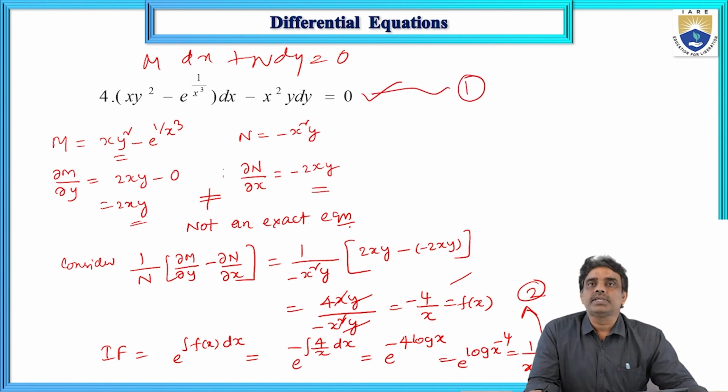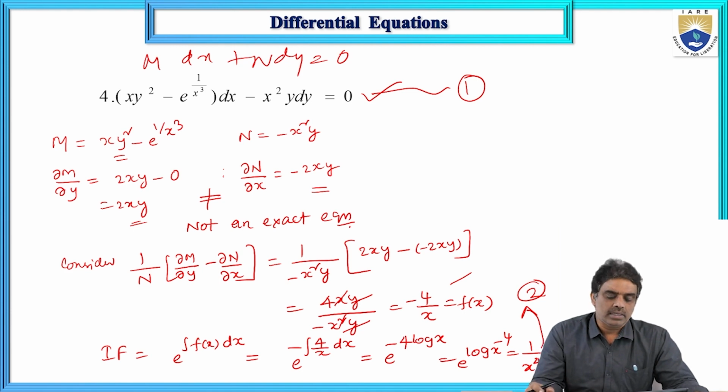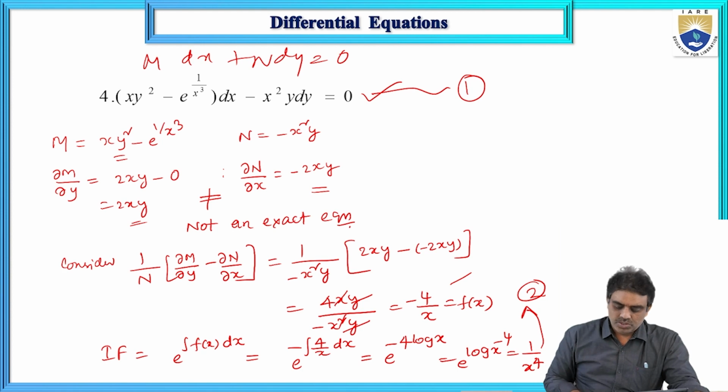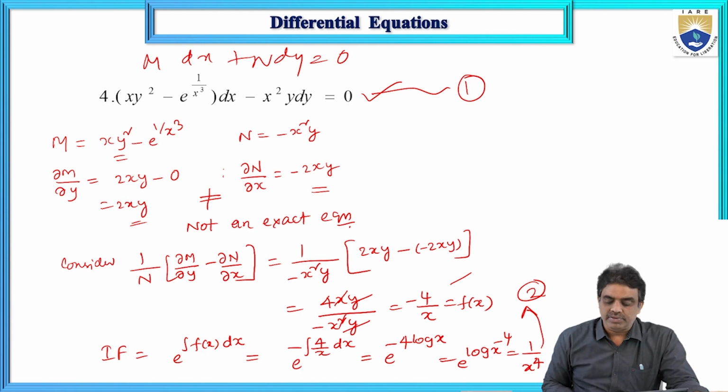Now multiply equation 1 with 2 so that the equation will become an exact equation. So on multiplying with 1/x⁴, what you will get?